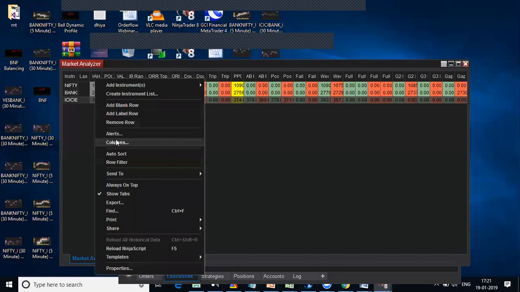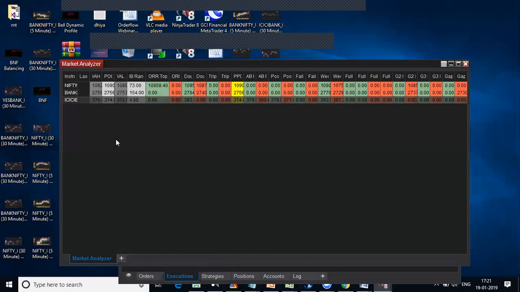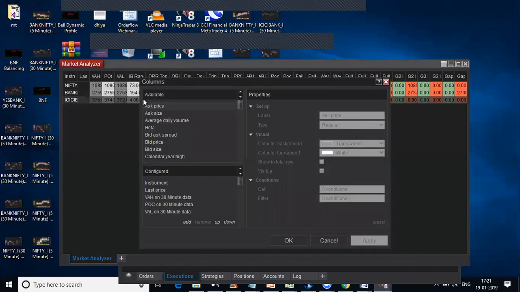Go to columns, I think it is columns. Go to the columns, and from the columns you have to select the TPO settings.